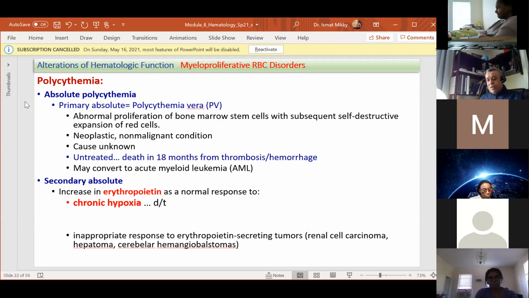In addition, there are specific types of tumors, erythropoietin-secreting tumors, that secrete the erythropoietin, EPO hormone.